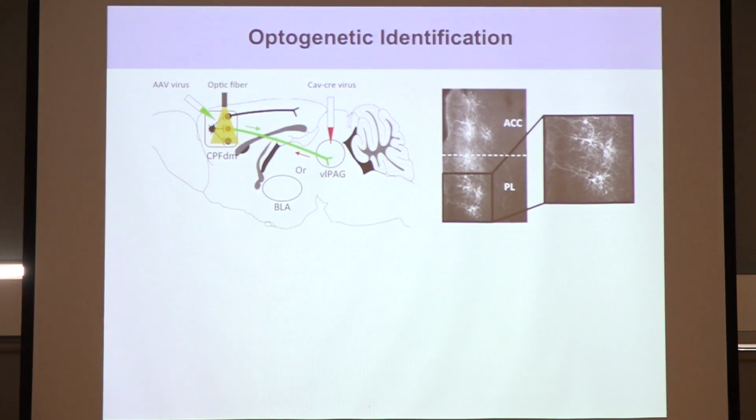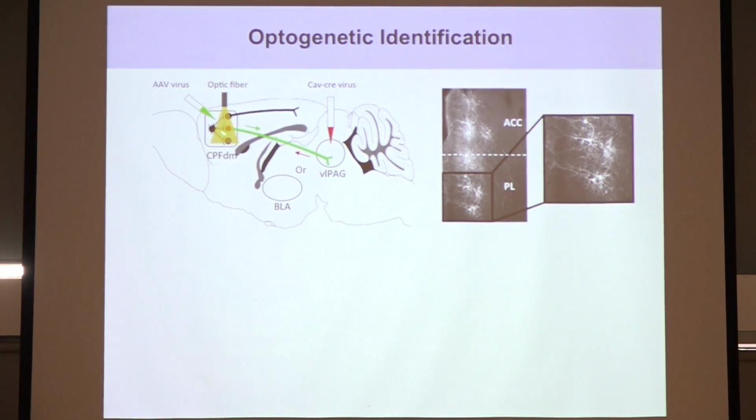And I will describe the strategy we have been using for testing specifically this hypothesis. So instead of manipulating the fibers that project to the VL-PAG, we use the opposite strategy. We injected a retrograde virus in the structure that expresses the Cre recombinase. So the Cre recombinase is taken up by the axon and travels back to the soma. And in the soma, we injected the AAV virus that recombines with the Cre recombinase.